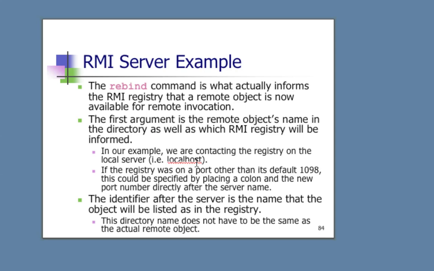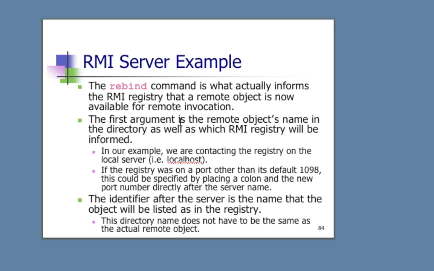So the rebind command is what actually informs the registry: when the object instantiates, it tells the registry that it's there. The rebind method is the communication channel between the object and the registry. It informs the RMI registry that the remote object is now available for remote invocations.